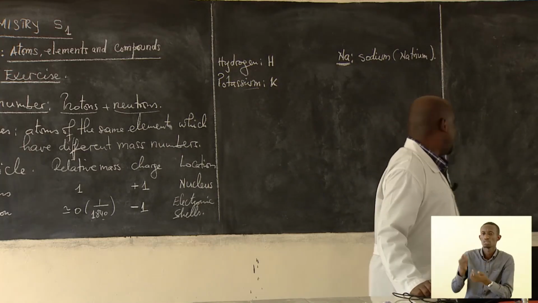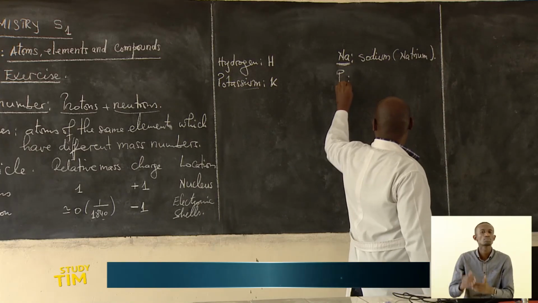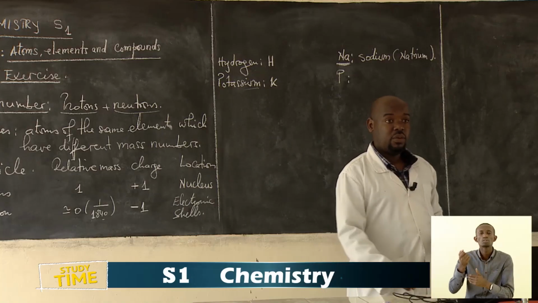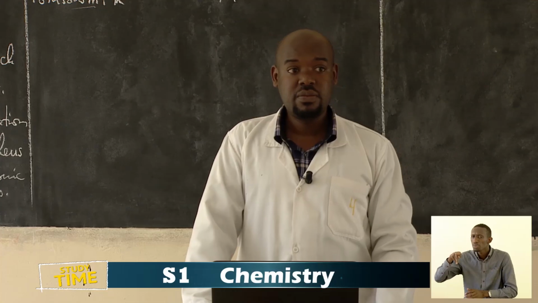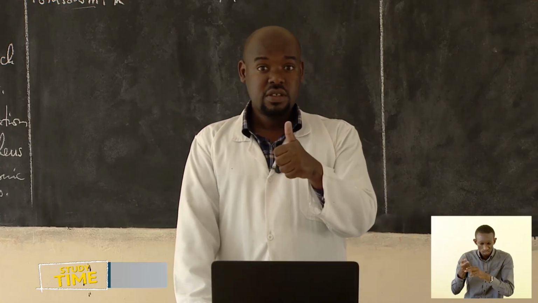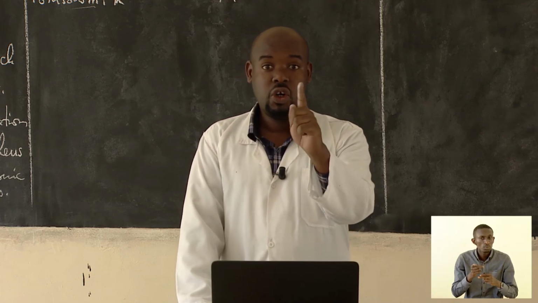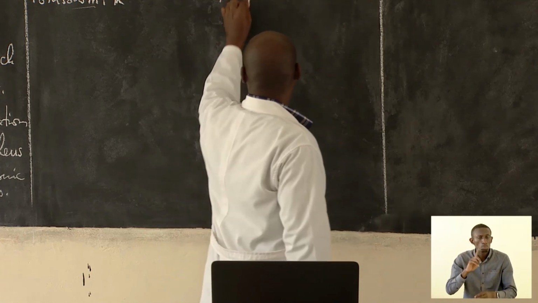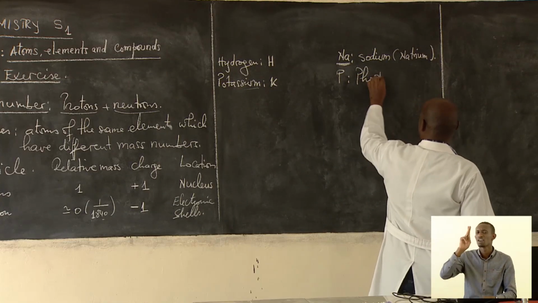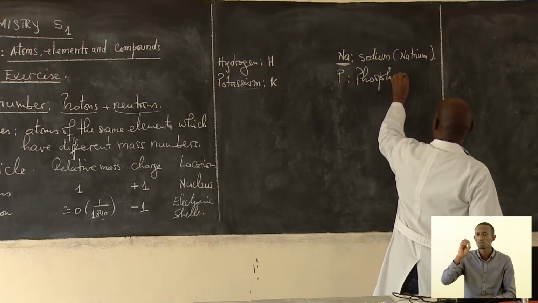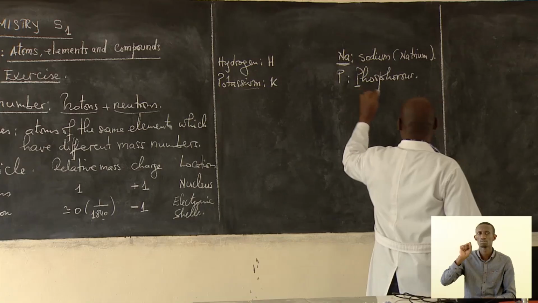And number 2, we have P. What is the name of that element? The name is potassium. No. It's phosphorus. Phosphorus.